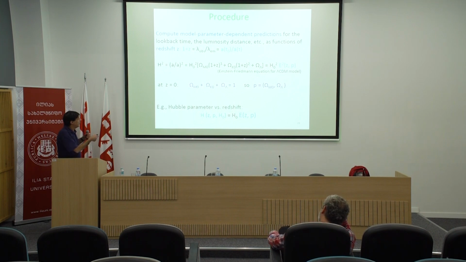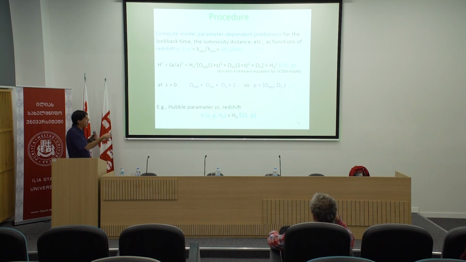And if we rewrite the Friedmann equation for the lambda CDM model in terms of the redshift and the density parameters omega, you get the Hubble parameter squared is equal to the Hubble constant now squared, times the stuff in the square parentheses.